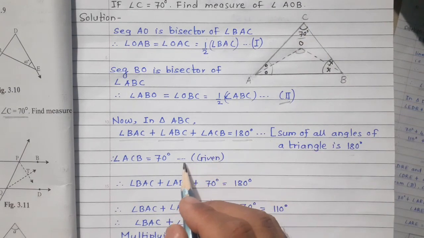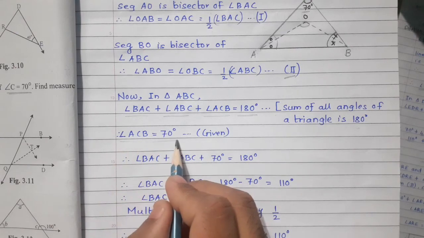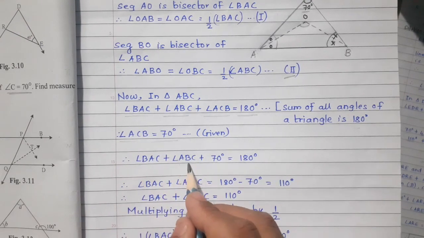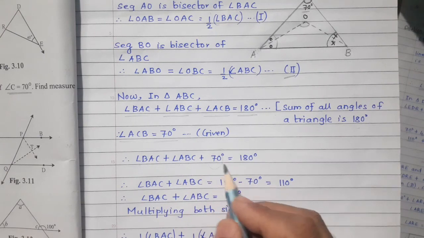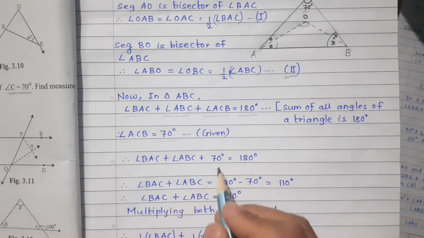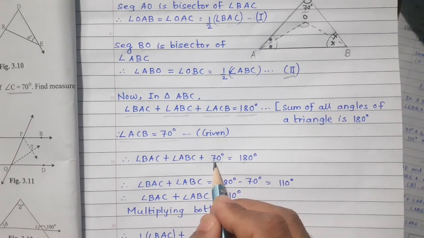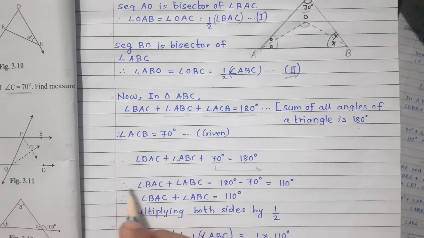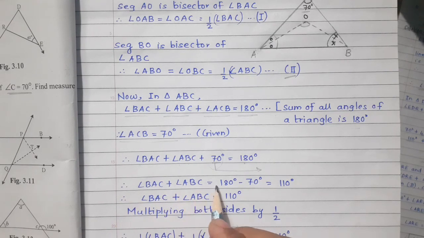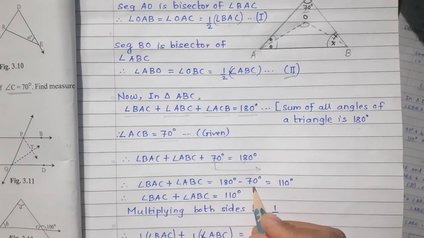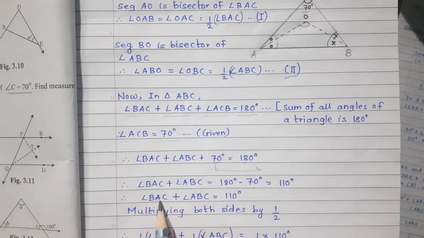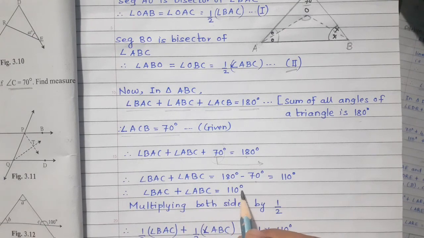So put this value: angle BAC plus angle ABC plus 70 degrees is equal to 180 degrees. 70 degrees is positive on the left hand side; when it goes to the right hand side, it becomes negative. Then angle BAC plus angle ABC is equal to 180 degrees minus 70 degrees, and 180 minus 70 is 110 degrees. Therefore angle BAC plus angle ABC is equal to 110 degrees.